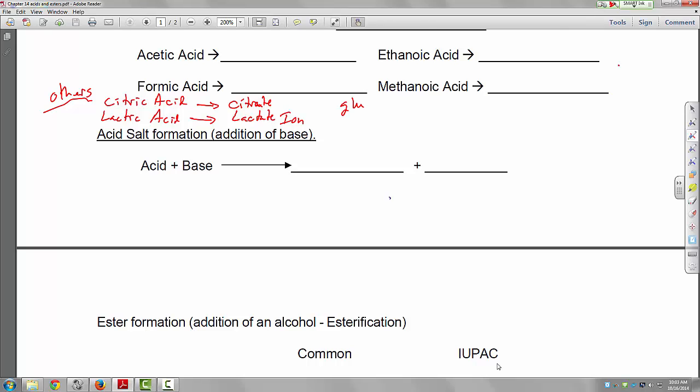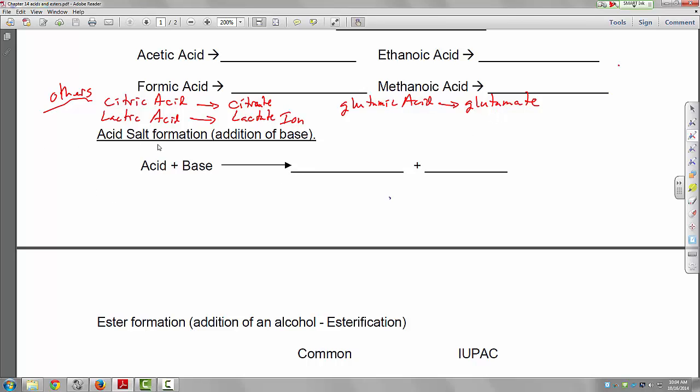Glutamic acid becomes the glutamate ion. You might be familiar with glutamate in terms of monosodium glutamate, or MSG.